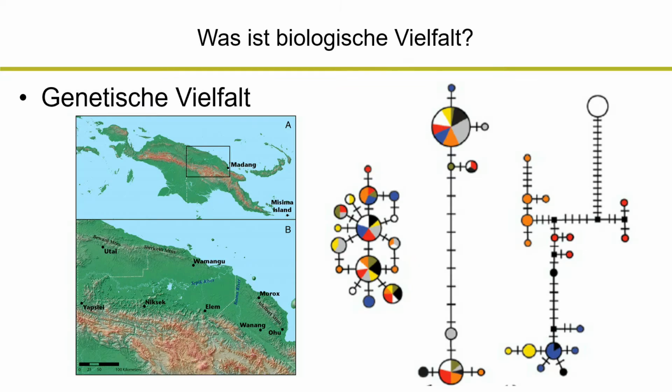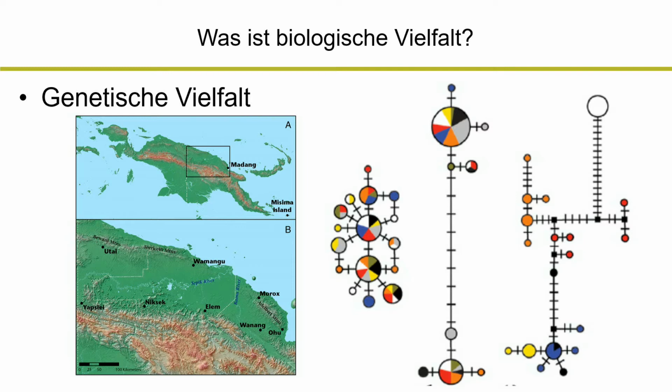This is an example of our own research where we looked at how different these communities are, moth in Papua New Guinea. What you see here on the left-hand side is a map, and on the right side you have the types and their genetic diversity.